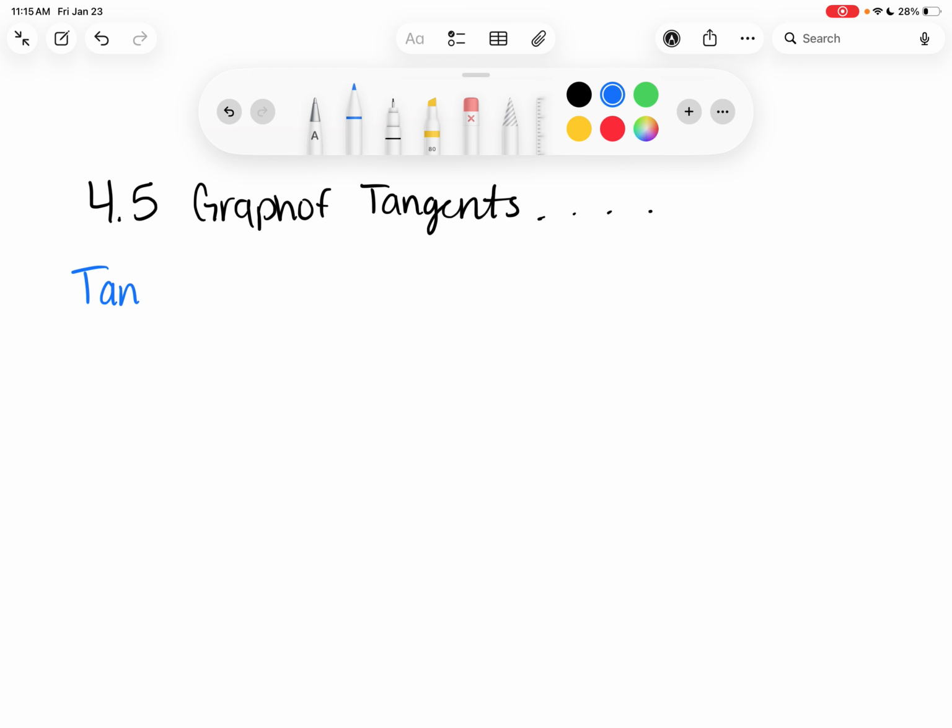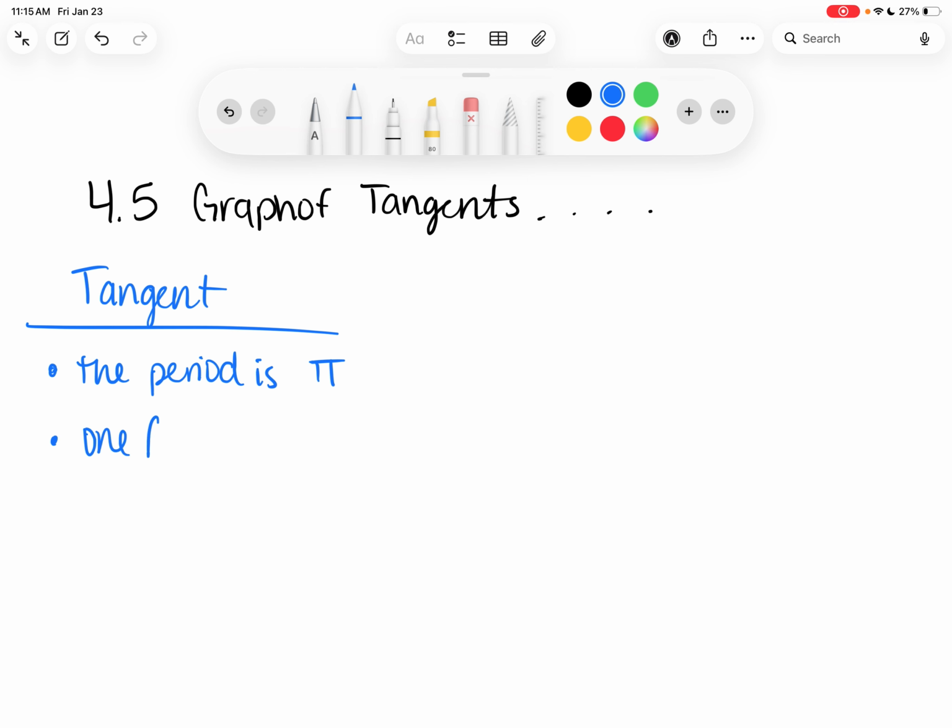So for tangent, then, we've got basically the period is pi. One full cycle is from pi over 2 to 3 pi over 2.